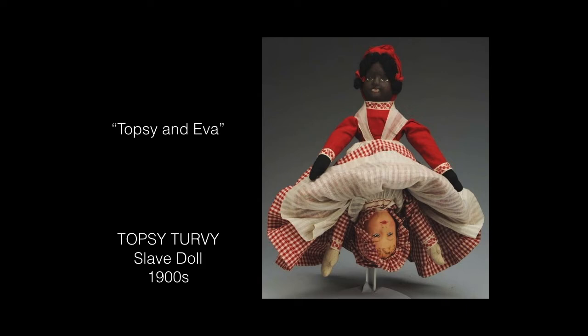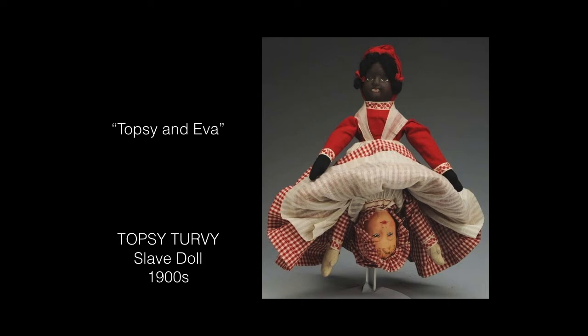The common story is that this blackface girl on one end and the whiteface girl on the other would be so that when little black children were seen with a doll, they could not be seen with a black doll. So they would quickly hide the black doll underneath the skirt of the white doll.